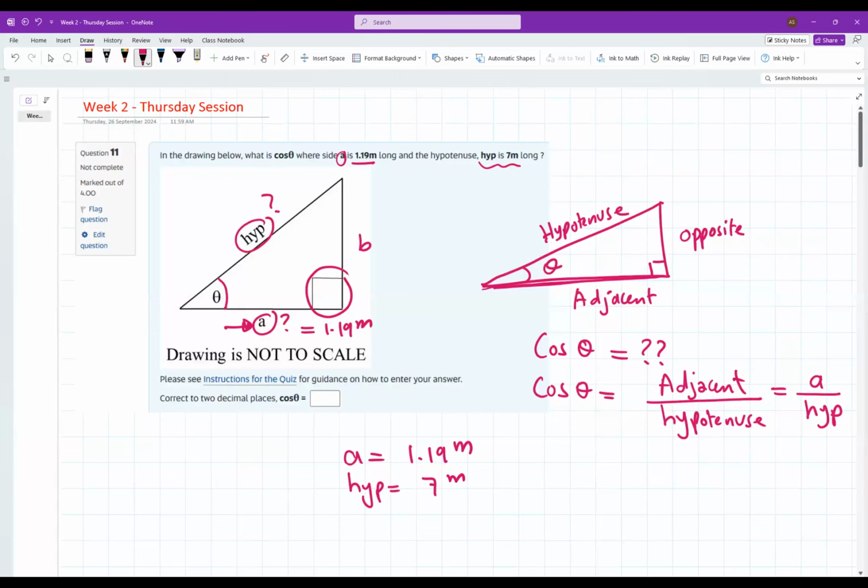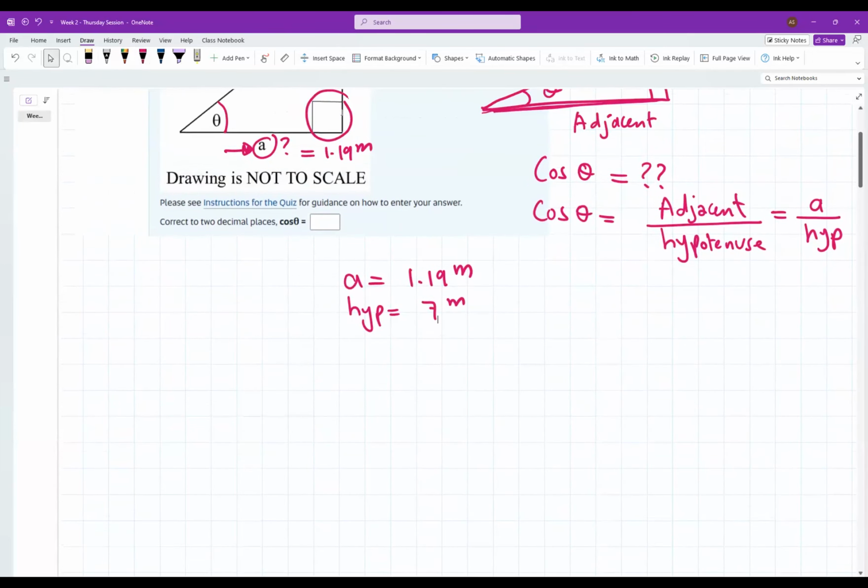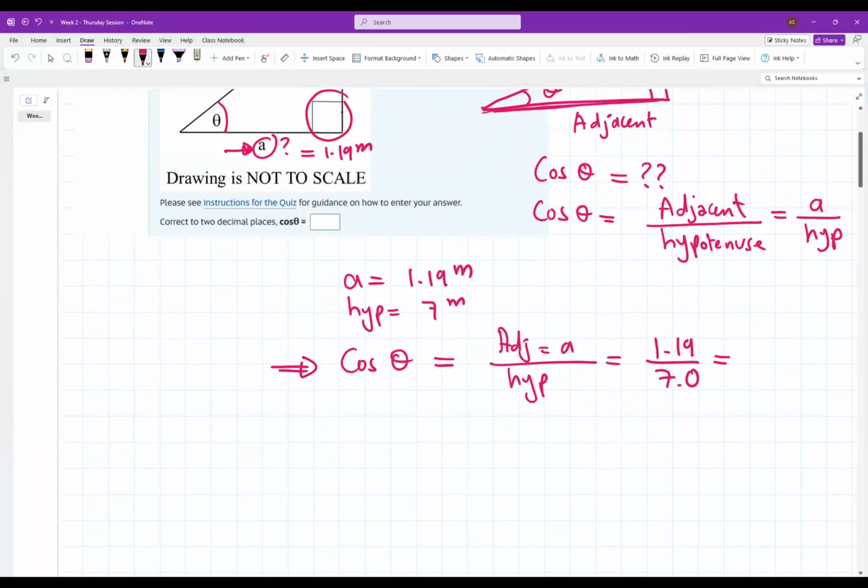So in this example, cosine theta will be the adjacent, or A, over the hypotenuse. This will be 1.19 over 7. This is given to us in the question. And the answer will be 0.17.